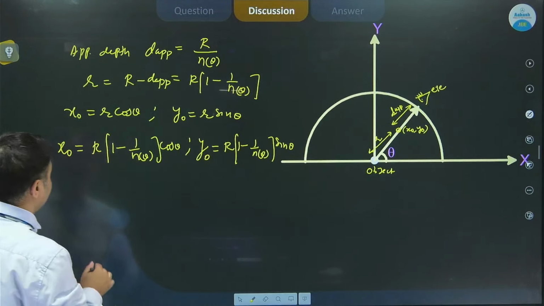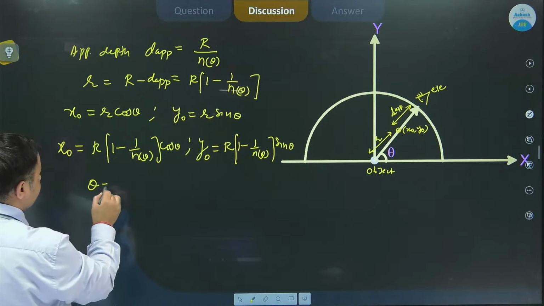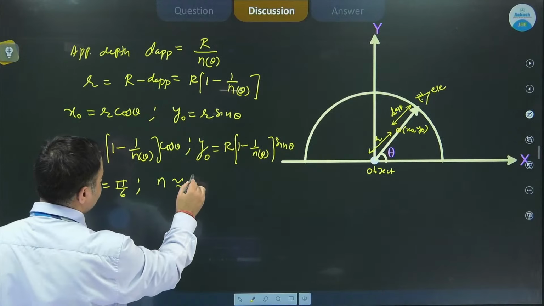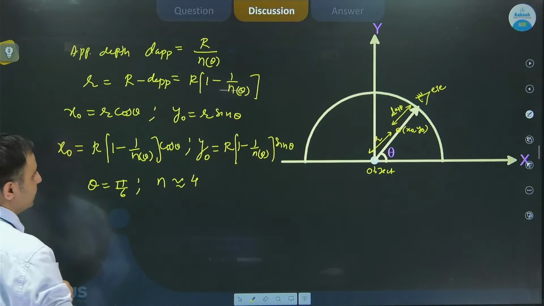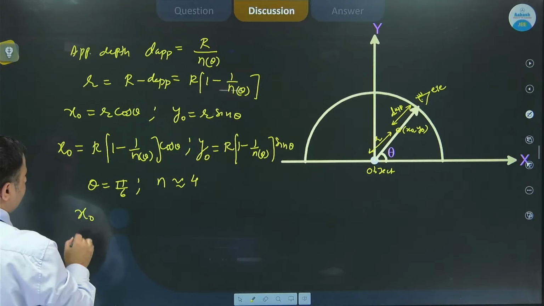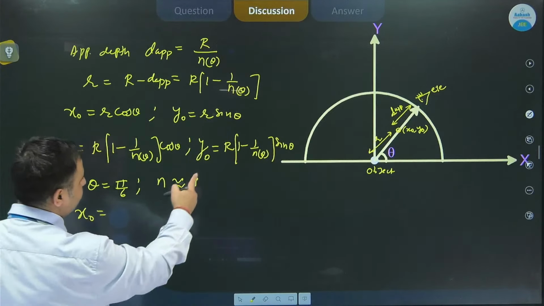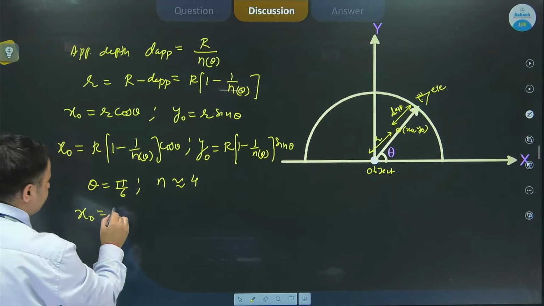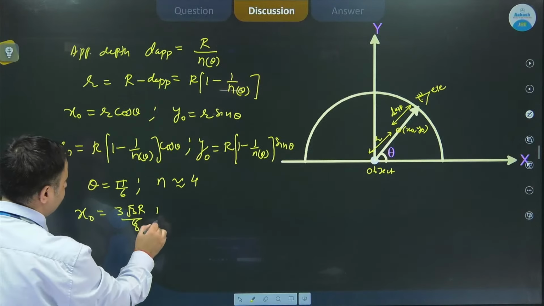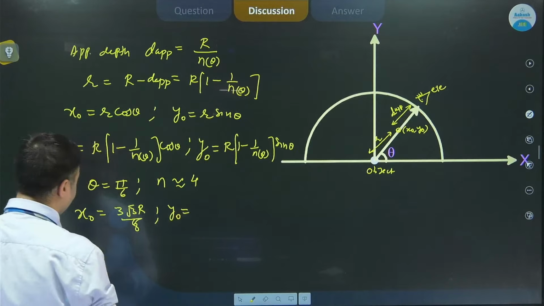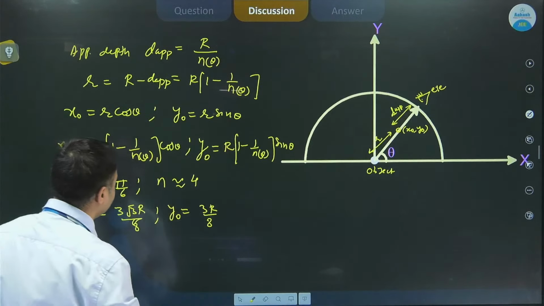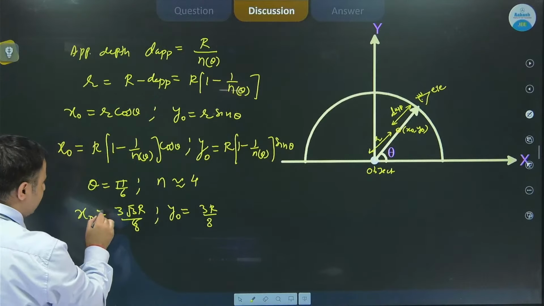So for theta equal to pi by 6, this n is approximately equal to 4. Putting the value here, we can write the values of x naught and y naught. The value of x naught will be 3 root 3 r by 8 and the value of y naught will be 3r by 8. So I have written the coordinates of this point, and this is an approximated value, so nearly equal to.